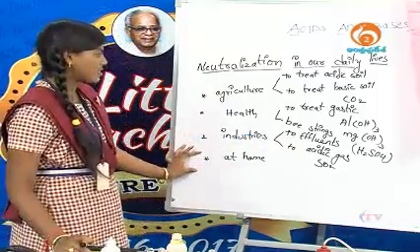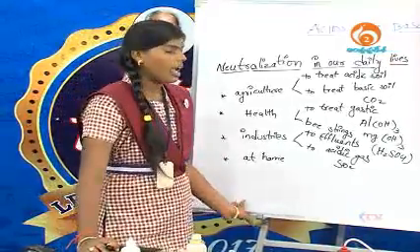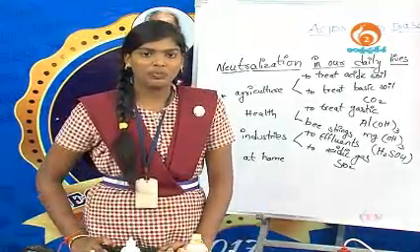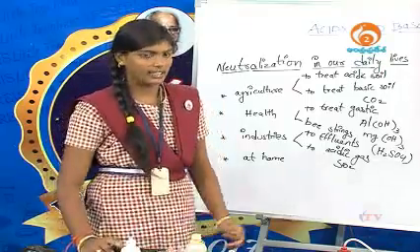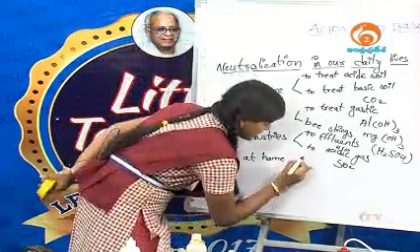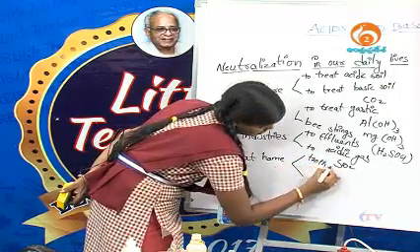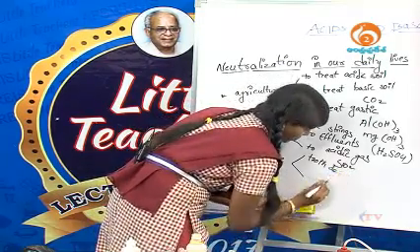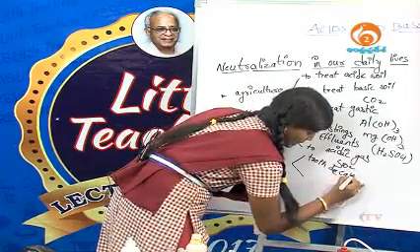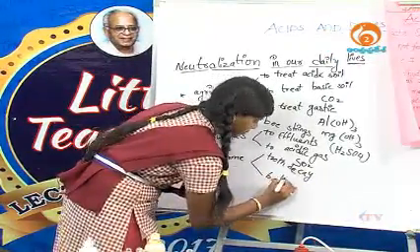Another one, last one, neutralization at home. Have you ever observed the toothpaste? Why do you use it during brushing every day? Yes, toothpaste. At home, two types: tooth decay and baking powder.